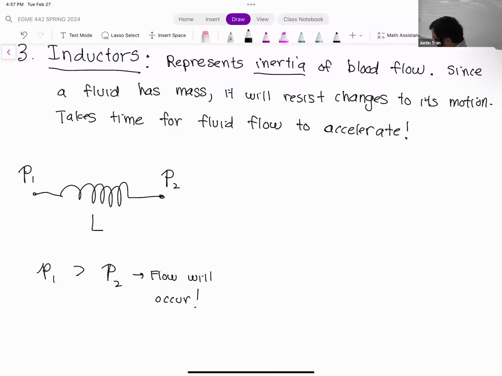That's not going to change. Whenever you have a positive pressure difference in your pipes, it's going to cause fluid to flow. All the inductor basically says is that instead of going from 0 to 100 right away, there's going to be some ramp up period.